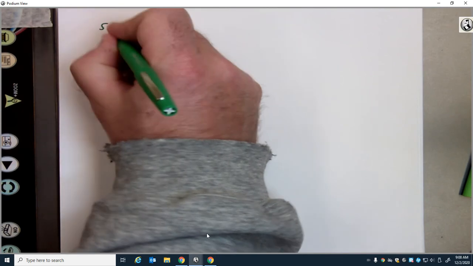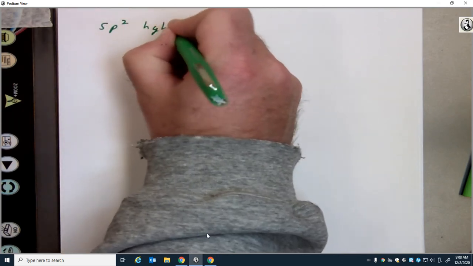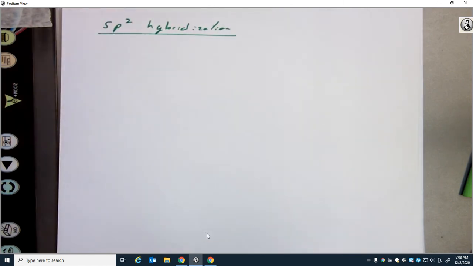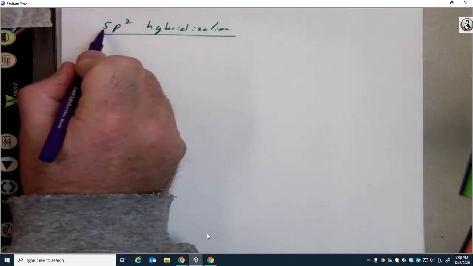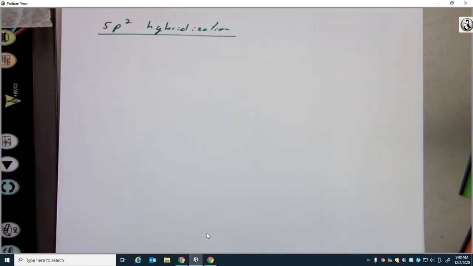Let's look at our next type, and this is sp2 hybridization. Now, if we look at this name, it tells us what orbitals we're mixing. So we're taking an s orbital, and we're taking 2 of the p orbitals this time.